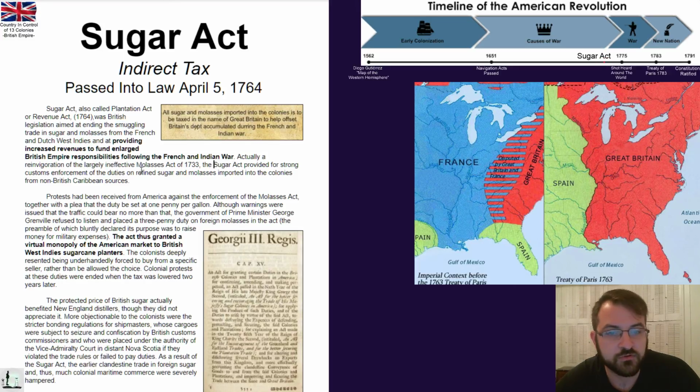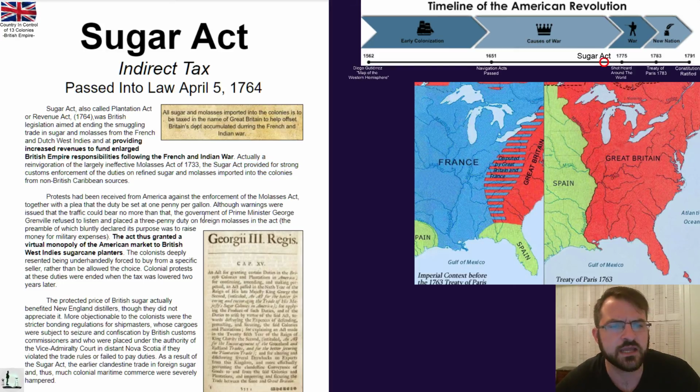So the Sugar Act provided for strong customs enforcement. So people who actually make you pay the taxes whenever you bring things in, on the duties, taxes on refined sugar and molasses imported into the colonies from non-British Caribbean West Indies sources, French and Dutch.